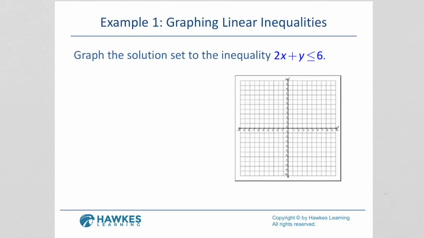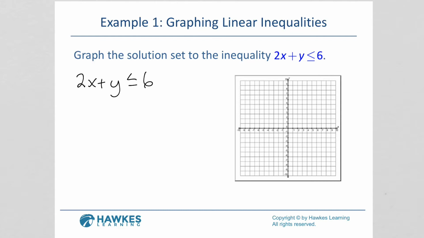So our first example is going to be to graph the solution set to the inequality 2x plus y less than or equal to 6. And the very first thing it's going to ask you is solid or dashed line. I have 2x plus y less than or equal to 6.